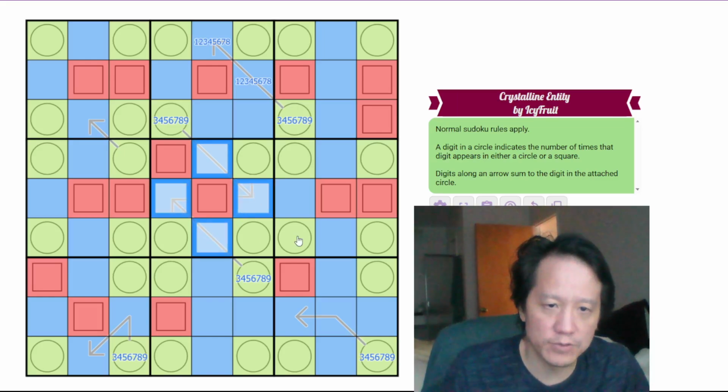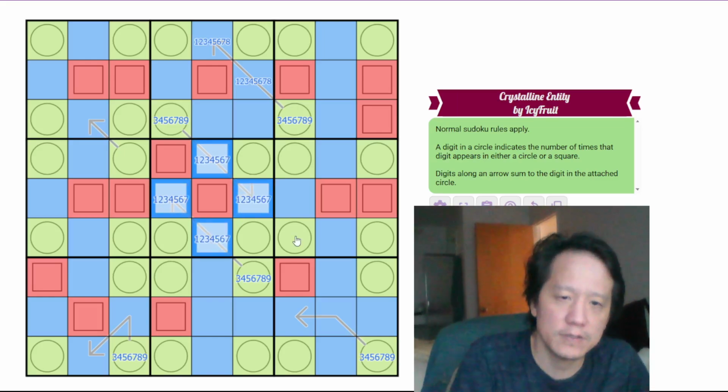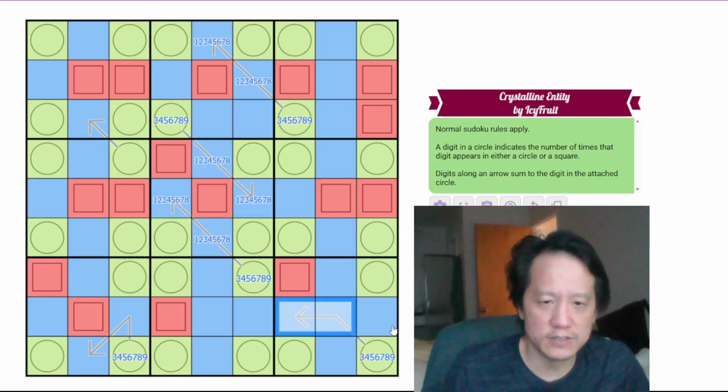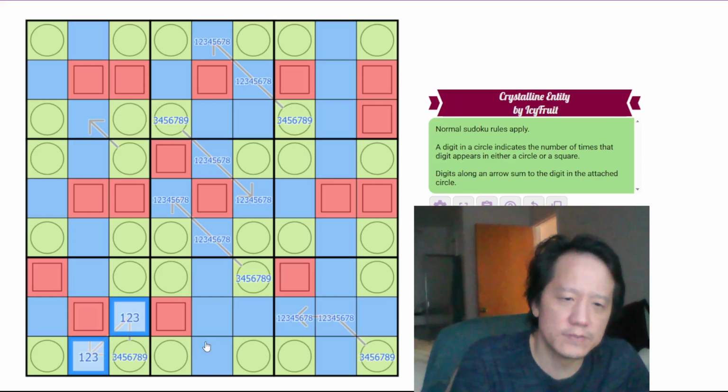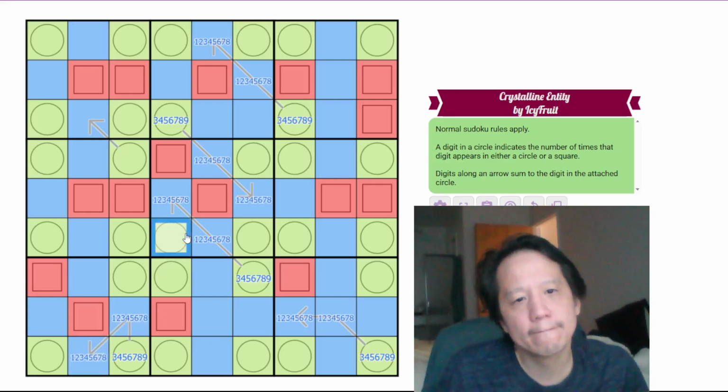These digits are 1 through 8. These digits are 1 through 8. And these digits are 1 through 8. What does that mean?